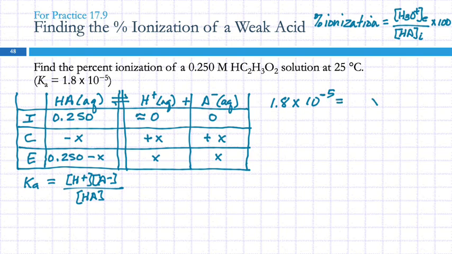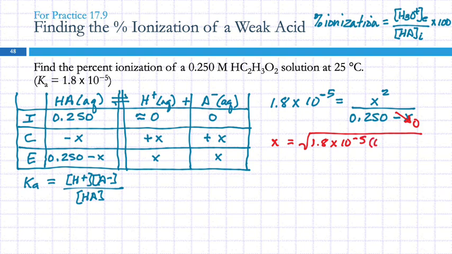And that's going to equal x squared divided by 0.250 minus x. We've done some problems with similar Kas and concentrations, and the x is small did work, so I'm going to try using that here. So we're going to say that x is so small it's 0, and then x is the square root of Ka times the initial concentration.